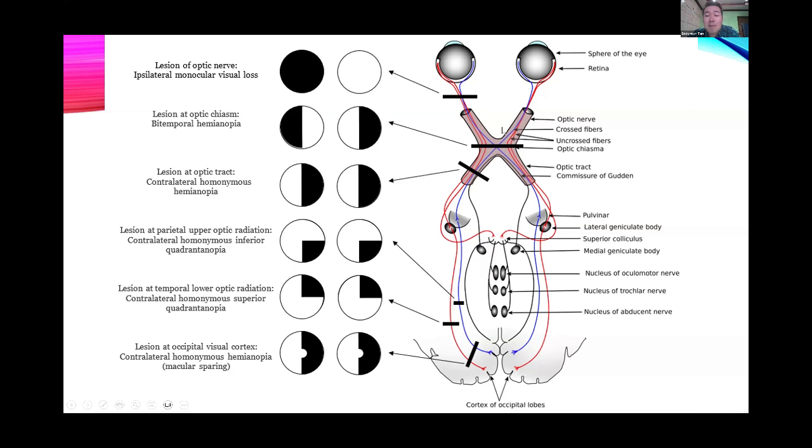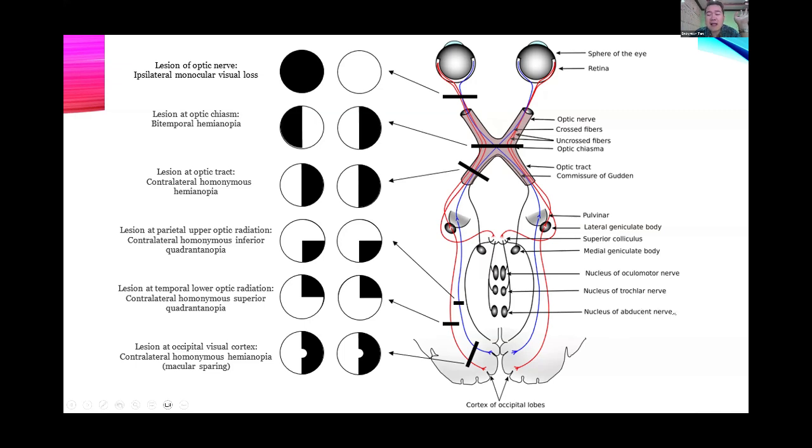The nasal part of the optic nerve. So you impinge the right nasal and the left nasal. What part of the visual field can the nasal part see? The temporal. So if you impinge this left nasal and this right nasal, you lose the temporal part of the visual field here and the temporal part of the visual field here.